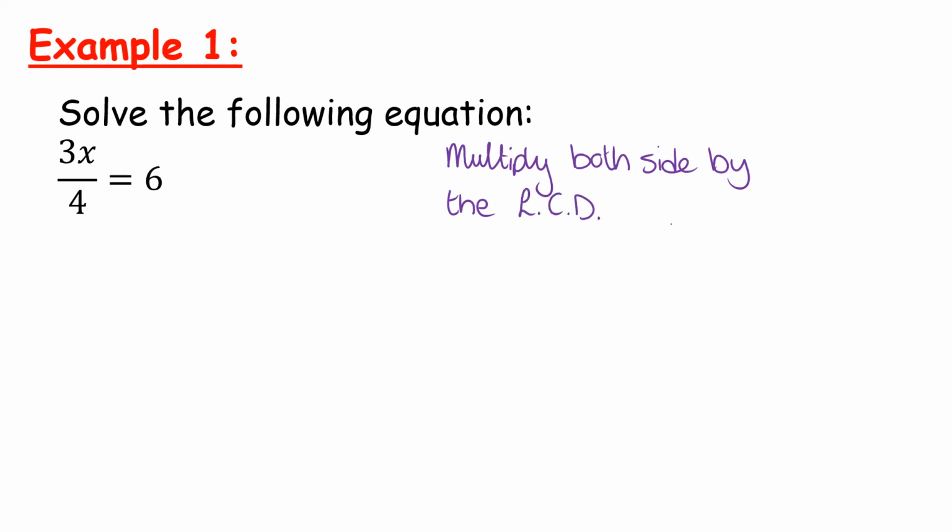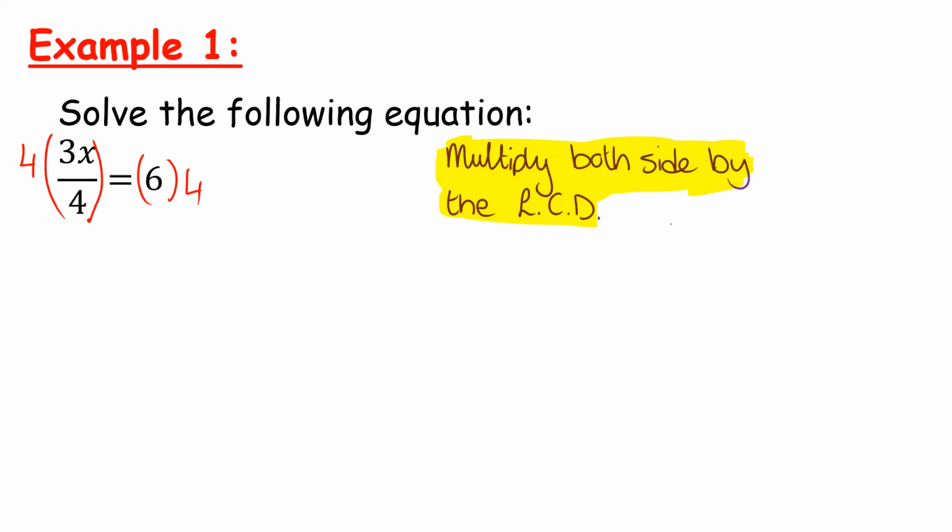Now, good news is I've only one denominator in this question, so that is by default the lowest common denominator. So I'm going to multiply this side by 4, and I'm going to multiply this side by 4.